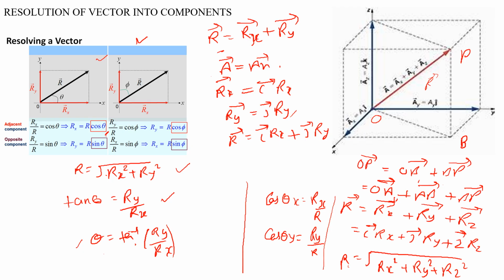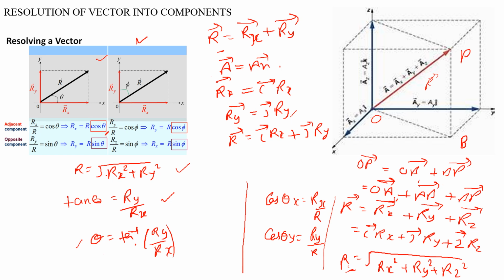So r vector is equal to rx vector plus ry vector plus rz vector, which is equal to i vector rx plus j vector ry plus k vector rz. So we get the formula r is equal to root of rx square plus ry square plus rz square.